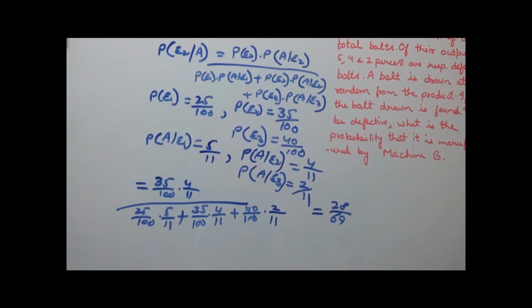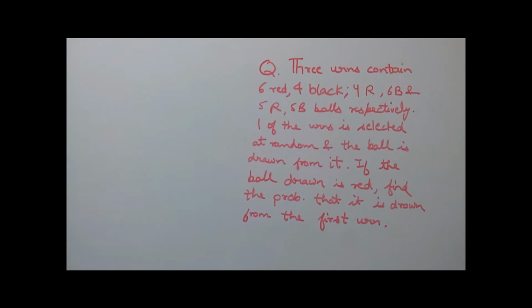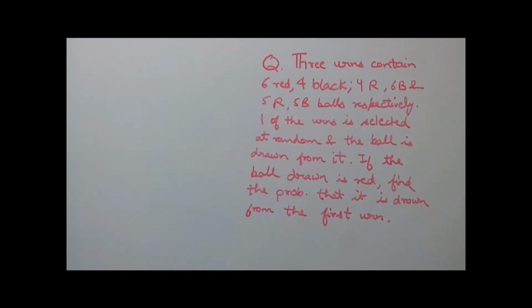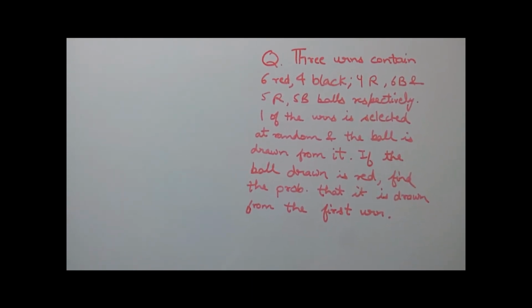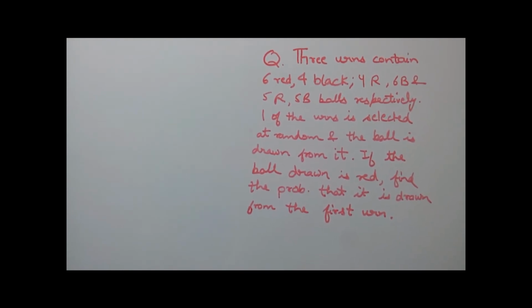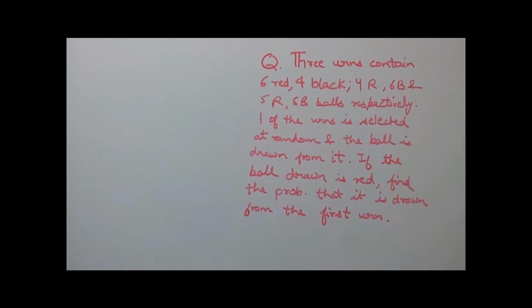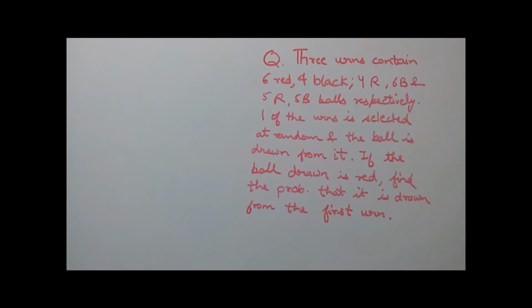Let's move to our next example. Our next question is, 3 urns contain 6 red, 4 black; 4 red, 6 black; and 5 red, 5 black balls respectively. One of the urns is selected at random and a ball is drawn from it. If the ball drawn is red, find the probability that it is drawn from the first urn.